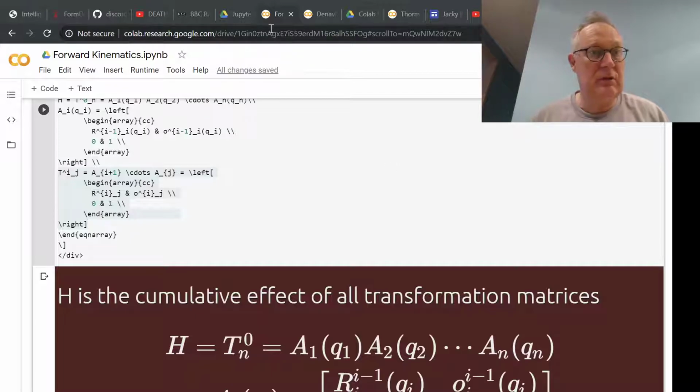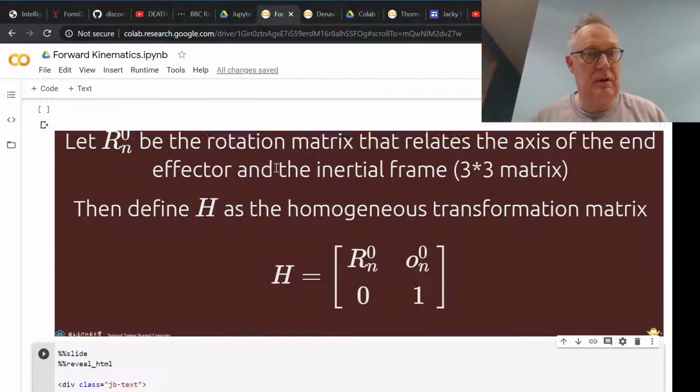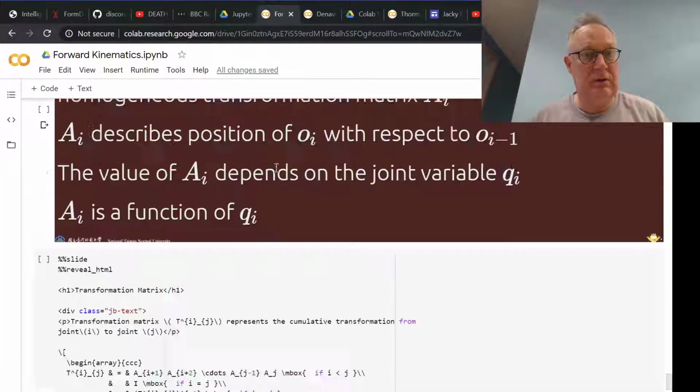How come, text decoder? Let me just run the forward kinematics.